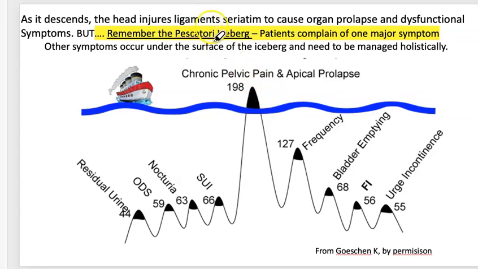Now, remember I showed you that when the head comes down, it's unlikely to cause just damage in one area. It's going to damage everything. And Professor Pescatori found, and he described the Pescatori iceberg, that patients complain of one major symptom only. In other words, you've got to look for all these. They're under the surface.